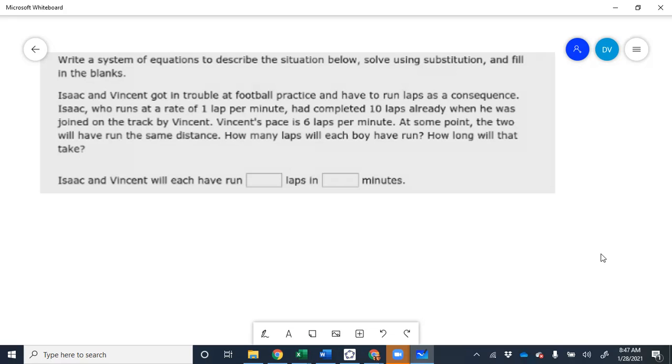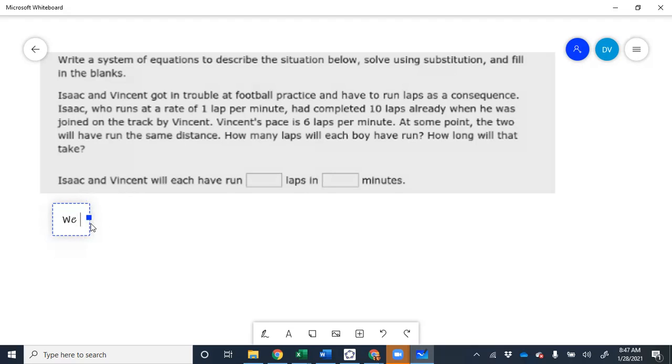So let me say that question in another way. They want to know the number of laps and the number of minutes. Okay, I'm going to make a note to remind you of what I just said. And I'll put that note down here.